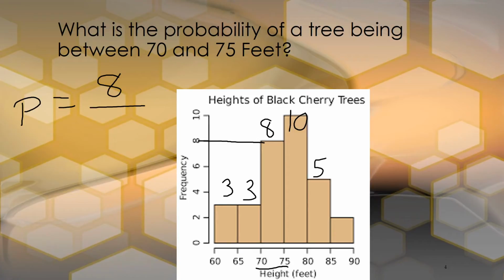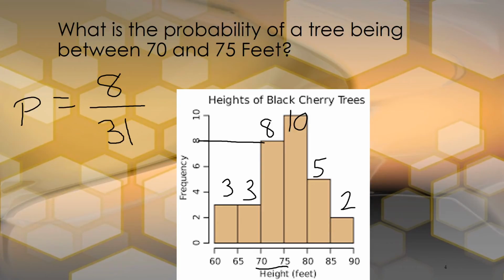And then we have this one, which looks like it's at 2. So if we add that up, we have 6 plus 8, which is 14, plus 10 is 24, plus 5 is 29, plus 2 is 31.